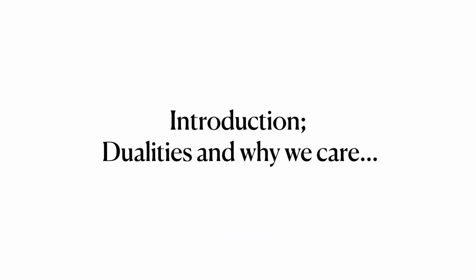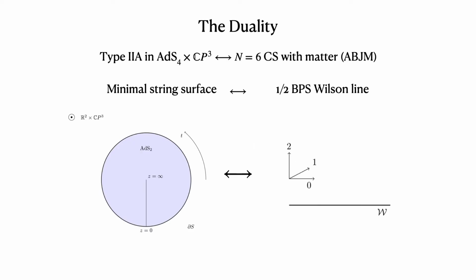All right, so this is going to be focused a lot around dualities. So I'm going to present the system and the duality and try to motivate a bit what we did. So the system we're looking at is in particular N=6 Chern-Simons with matter, ABJM theory, and its dual type IIA string theory in AdS4 × CP3.